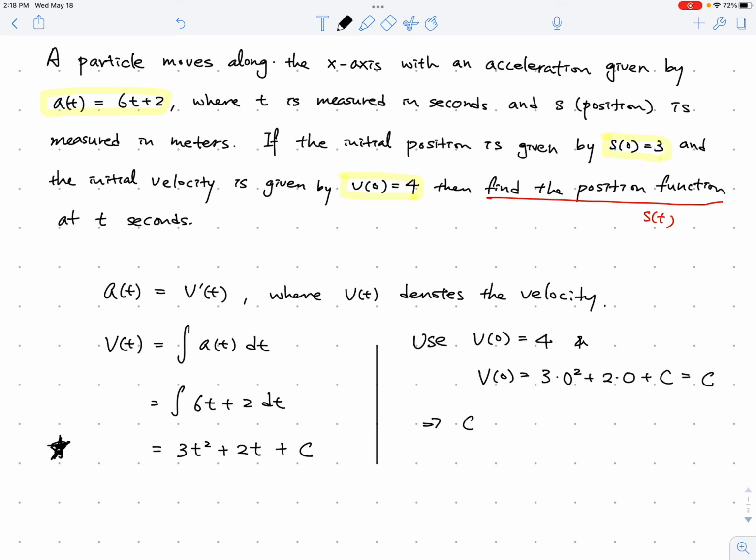So we know that C is equal to 4. Hence, now you have the velocity function being 3t² + 2t + 4.